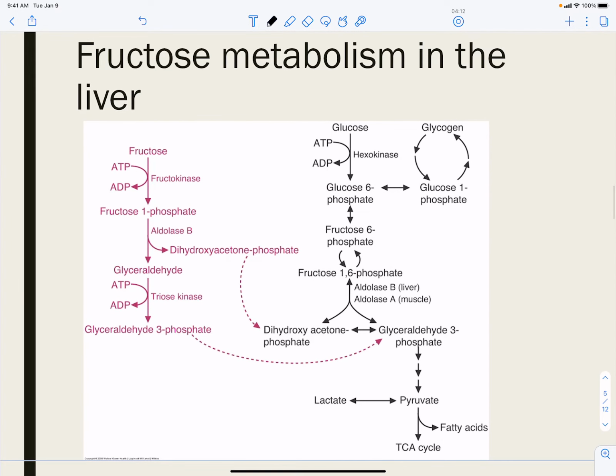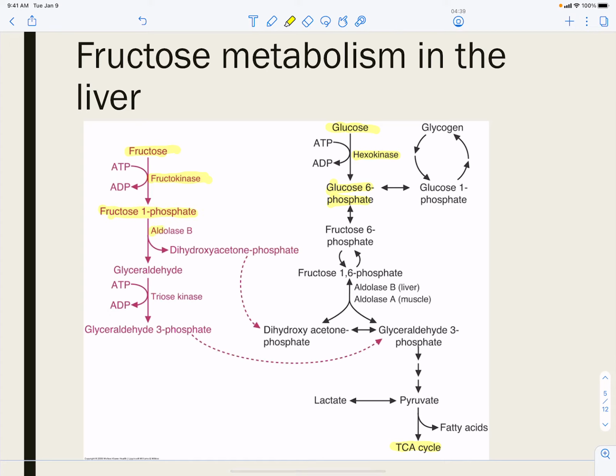Okay, so let's talk a little bit about what's going on here. We have glucose that we talked about. It's going to get phosphorylated by hexokinase, and become glucose 6-phosphate. This is then going to go through glycolysis, and eventually you can go to the TCA cycle to make ATP. Fructose is also going to enter the liver, and it's going to be worked on by fructokinase. It's going to be phosphorylated at that 1 position.